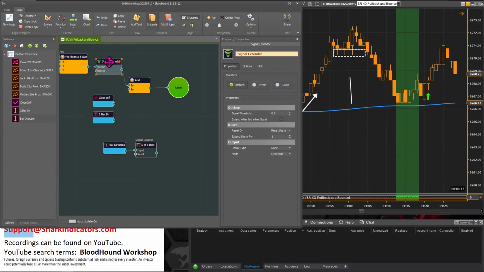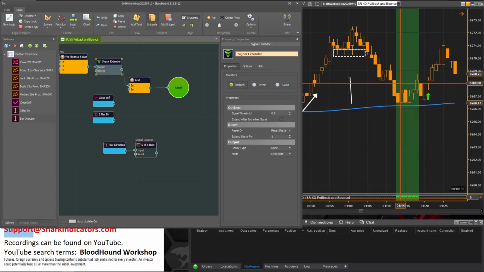Right. So with our signal extender, we have an output until this bar. But if we need 5 up bars, then that's our 5th up bar.